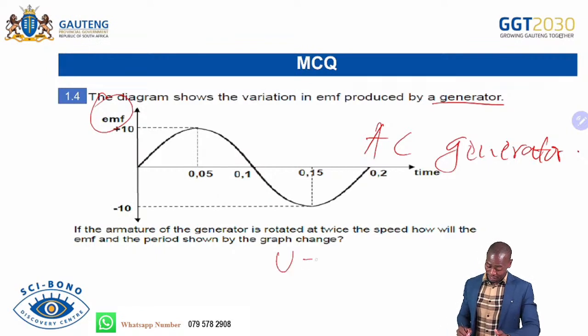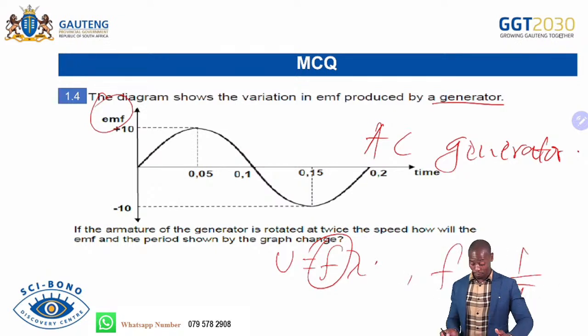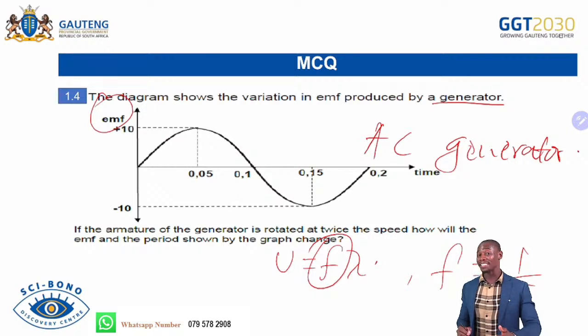And remember, if we increase the speed of rotation of the coil, speed is given by f lambda, right? So if we increase the speed, what will happen to frequency? The frequency will also increase. Then frequency and period, they are what? Inversely proportional.